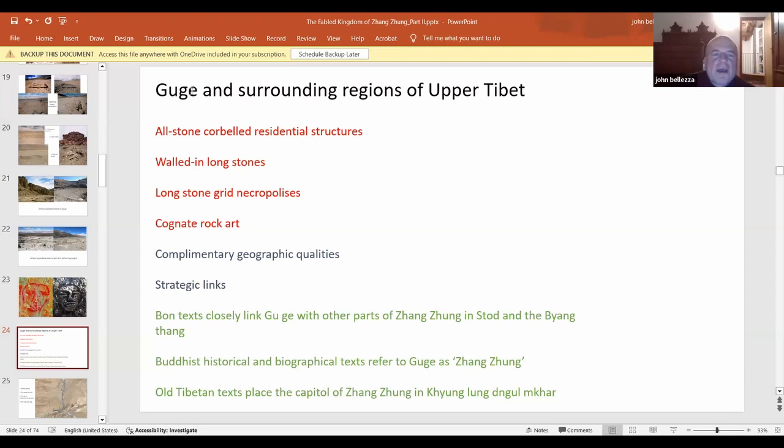And of course, Guge is a lower lying region. It's a region of badlands and a very complex network of alluvial valleys that drain into the Sutlej, right on the border with India, with the Himalaya, of course, between Guge and the subcontinent.